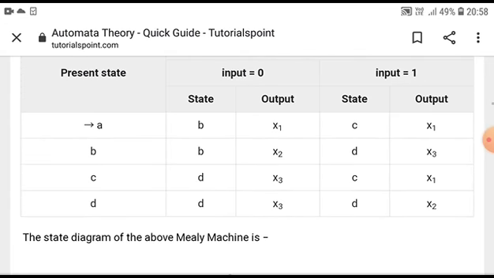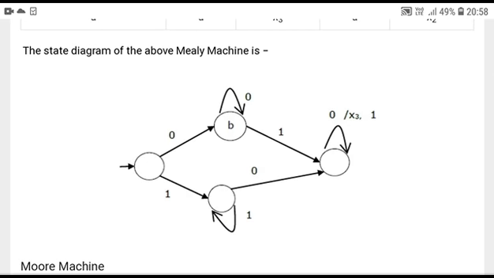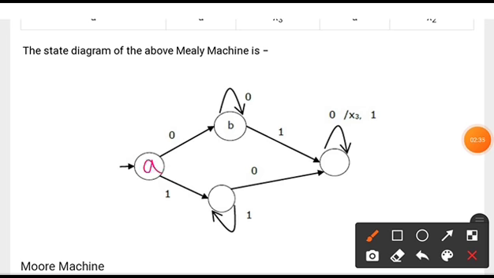A on getting input 0 goes to B and produces an output x1, and A on getting input 1 goes to C and produces an output x1. Likewise for all the cases.